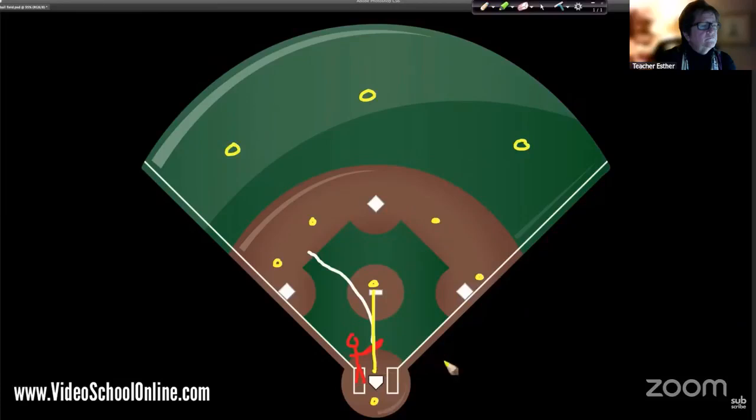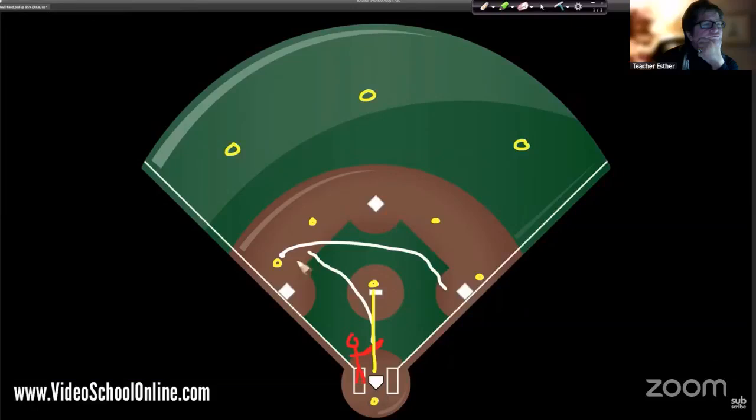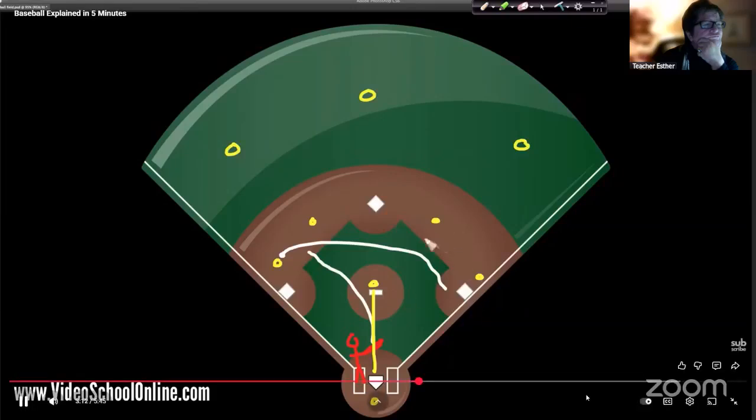But say you do hit it in the outfield, the players are trying to catch the ball and then throw it to first base before you get there, or to whatever base that you are going to, and they're trying to get the ball there before you. So either they get the ball to the base before you, or they tag you with the ball.